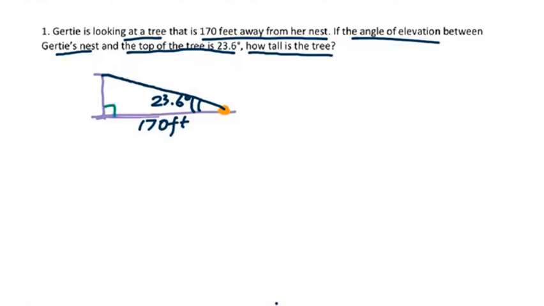This is the right angle, so we're looking for this H. If we draw the tree here, this is the ground level. This is the nest. So we draw this line. This will be 23.6. Here's 170 feet.